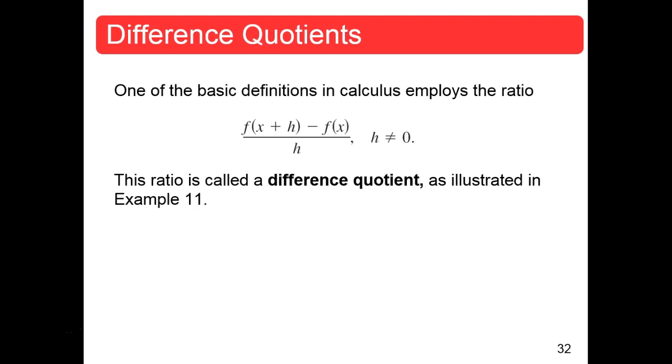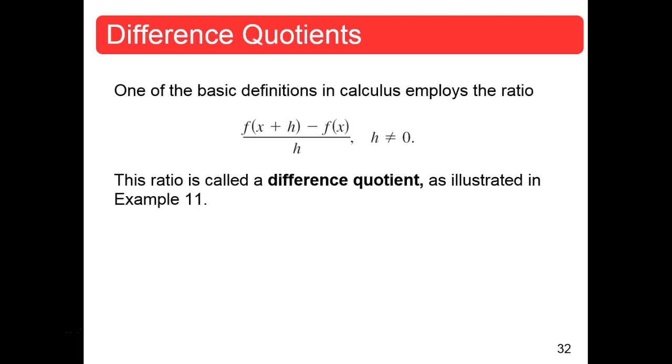One of the basic definitions in calculus employs this ratio, which is, now, what did I tell you f was always? y. Yes. So this is a y2 when you're at x plus h, minus y1, which is when you're at x. So this is y2 minus y1, right? Where your first x was x, your second x was x plus h.